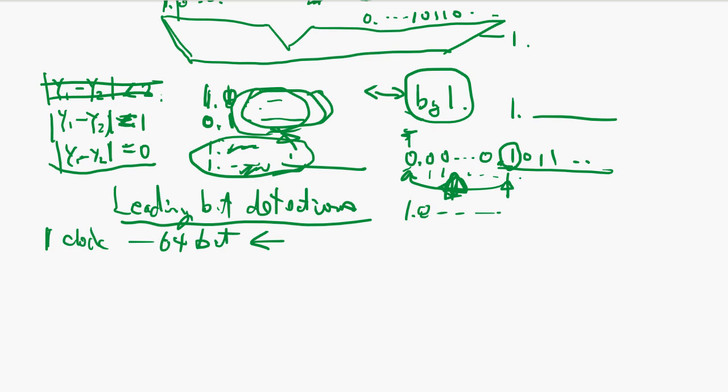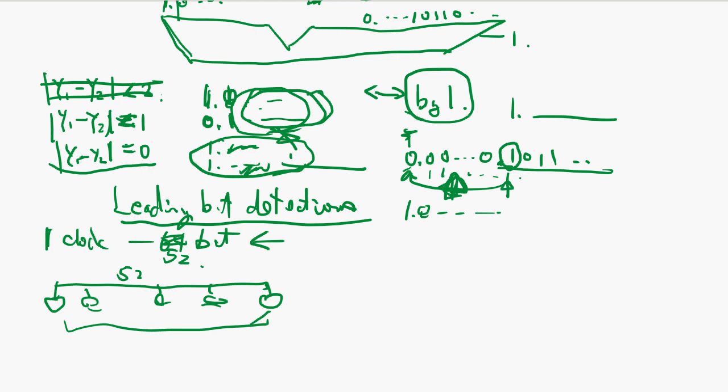Actually, it's 52 bits, the floating point. 52-bit cases, massive parallel operation, and pick the 1 by multiplexer to the correct one.